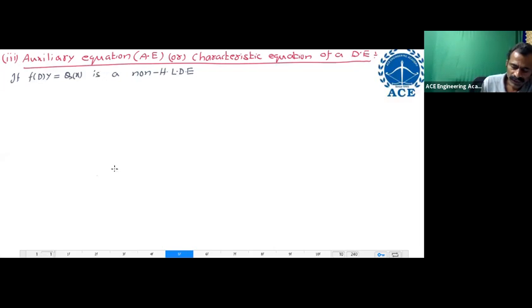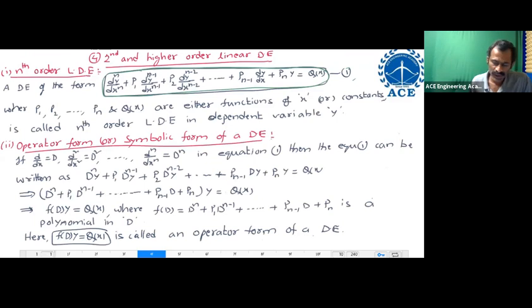Now here in f of D y equal to q of x, we go back to the previous page. See the general form of the linear differential equation or nth order equation. On the left hand side, every term contains either the dependent variable y or its derivatives. On the right hand side, there is one term q of x, free from variable y and free from derivatives.